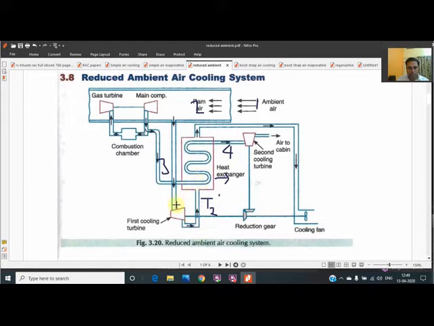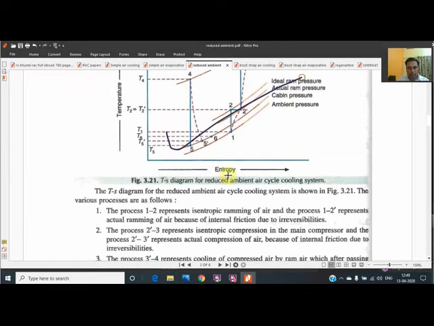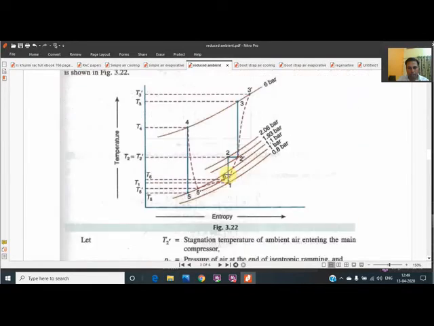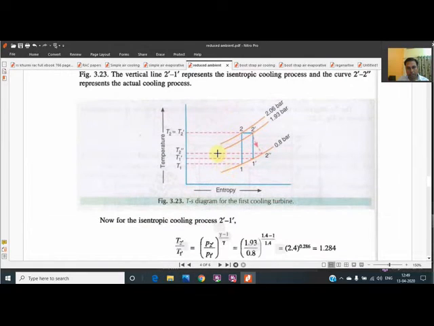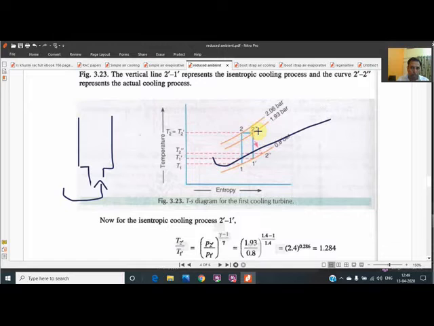So when we draw the figure of the main cycle, that will be different, and when we draw the figure of the heat exchanger, a different figure will be used, because in the heat exchanger shown in the figure, a different air is used, and that air enters at T2 dash and gets cooled to T2 double dash.